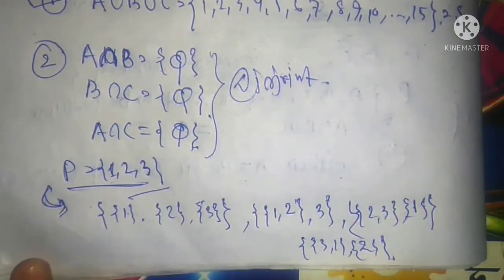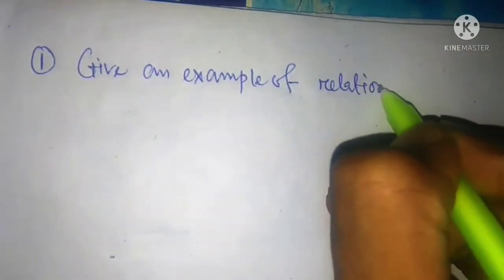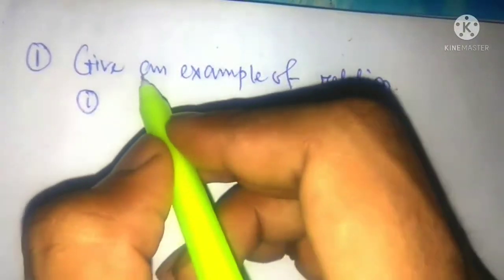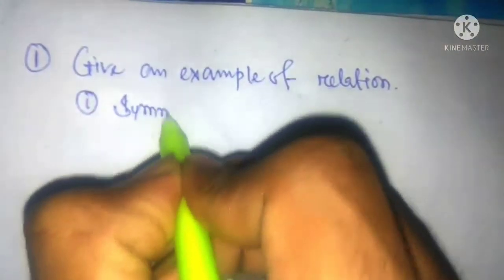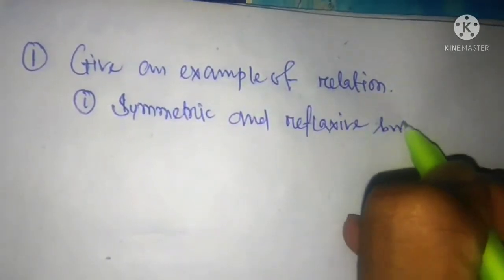In particular, let's discuss some important examples of relations. First, give an example. These are asked in interviews and exams and are very important. Give an example of a relation which is symmetric and reflexive but not transitive.